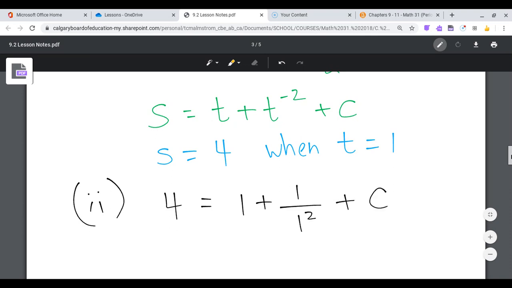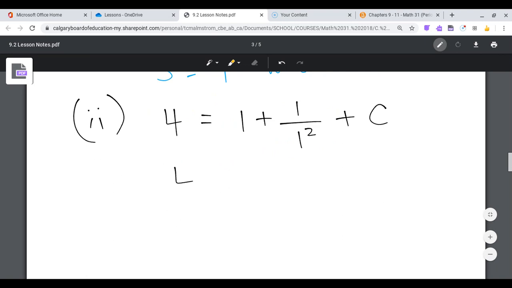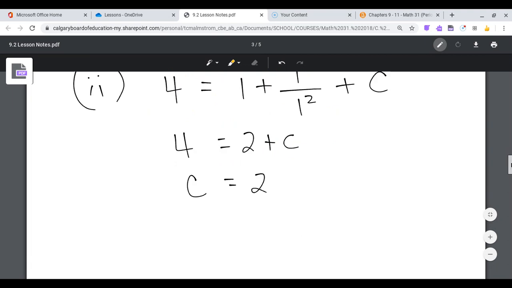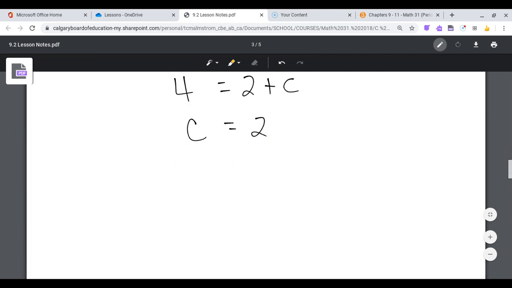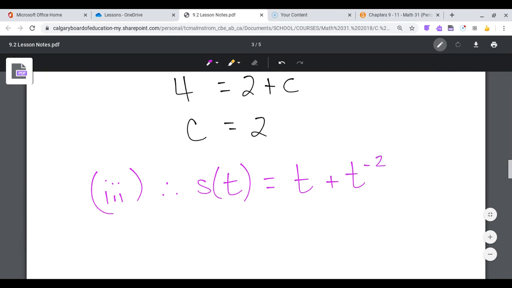And so 1 plus 1 is 2. So 4 is equal to 2 plus c. c is equal to 2. And then I can just write my position function. Therefore, s of t is equal to t plus t to the negative 2 plus 2, or perhaps you prefer to write it as t plus 1 on t squared plus 2. Either would be correct.